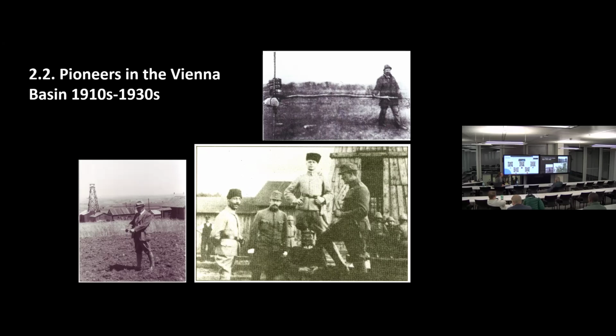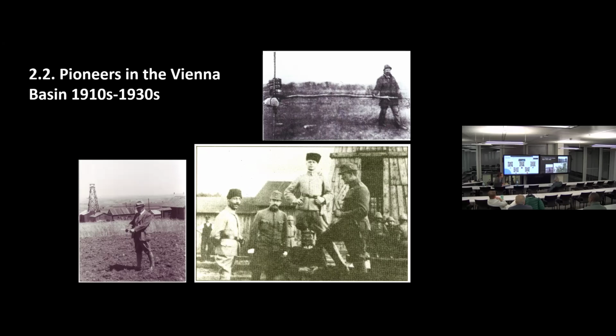Here we see a guy. I don't know his first name, but his surname is Musil, not connected to the writer, and he uses this strange thing, I don't know what it's called in English. You can find water with some wooden branches, and these guys also thought it would be possible to find oil with that.